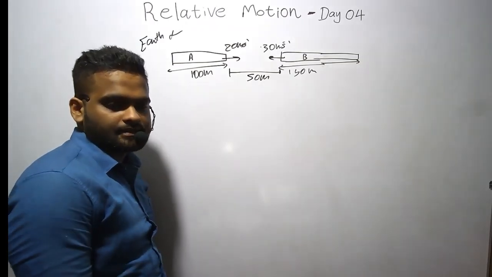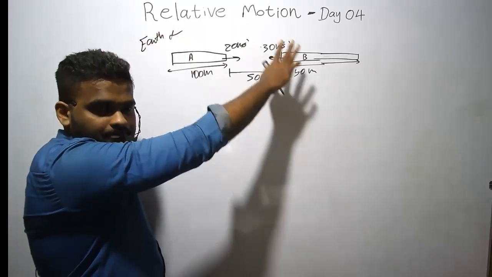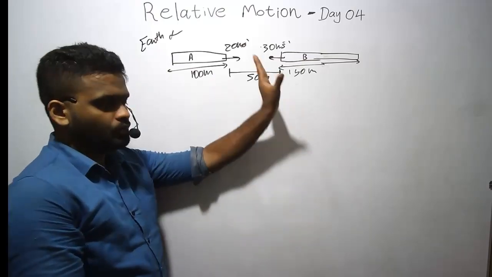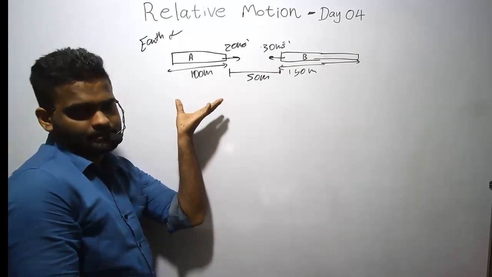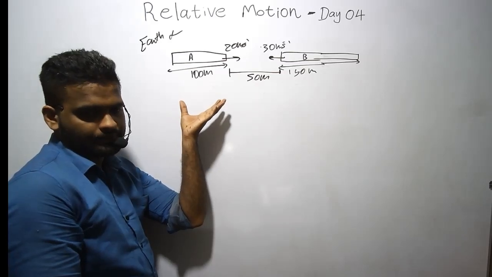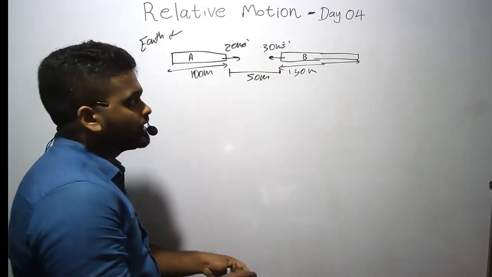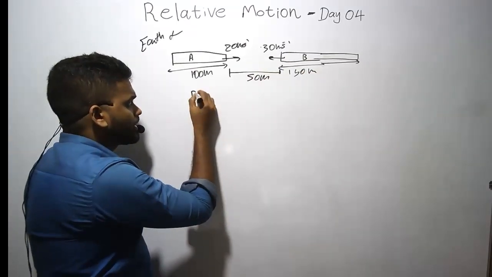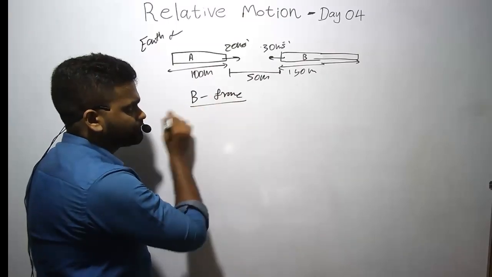In this case, it is somewhat difficult to do this question in Earth's frame. If you stop one of the trains, then you have to think about the other train only. Then the question gets somewhat easy, right? I'll stop B. So I need to solve this problem sitting in B's frame.